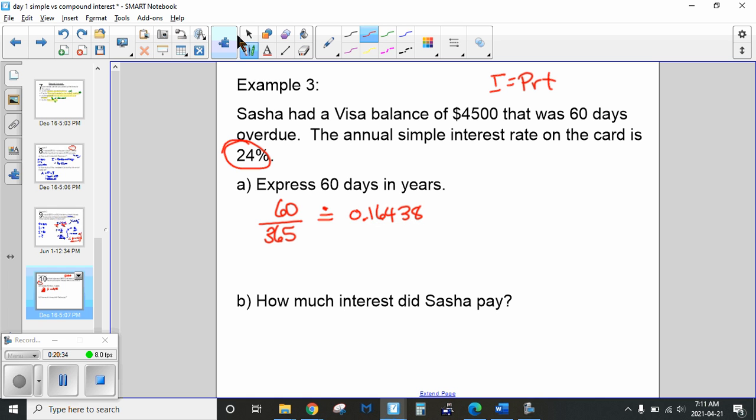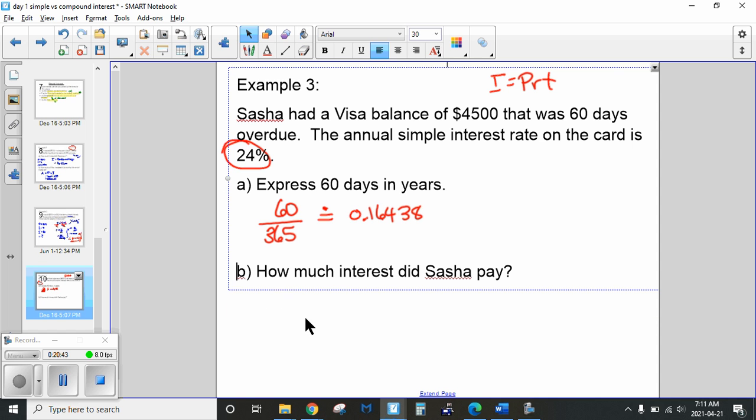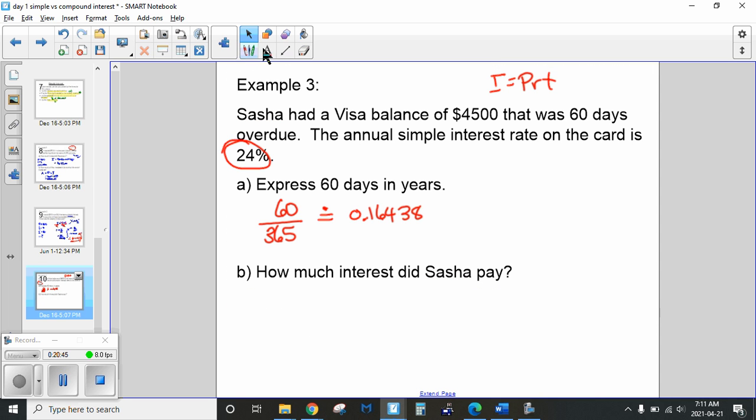Okay, part B of this question, how much interest did Sasha pay? Oh, I'm just going to move this up a little bit so I have more room for the work. How much interest did she pay? So the question here is, what is I?